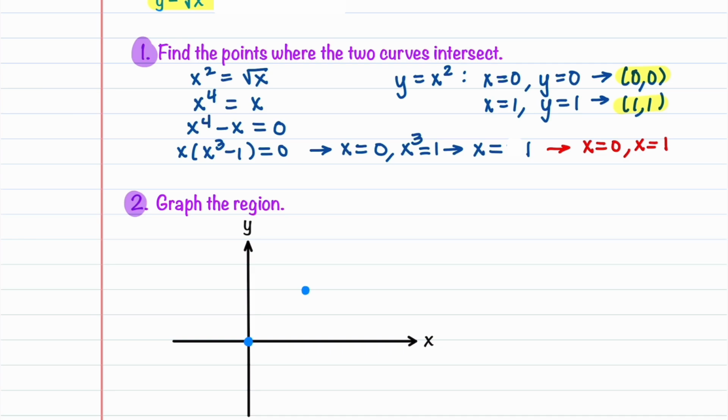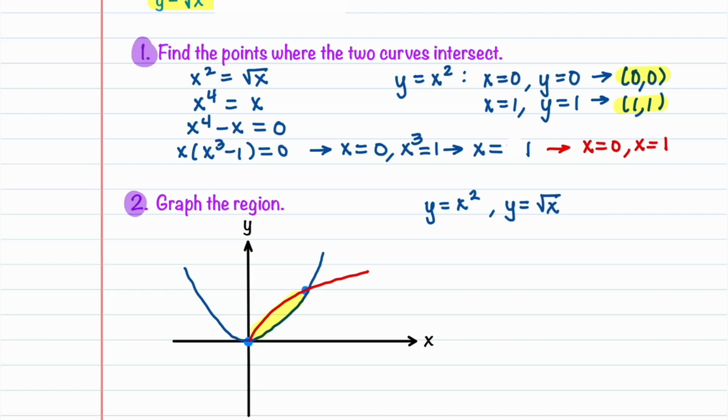Our two curves are y is equal to x squared and y is equal to the square root of x. Y is equal to x squared looks like this. And then y is equal to the square root of x looks like that. So the region between these two curves is this region right there.